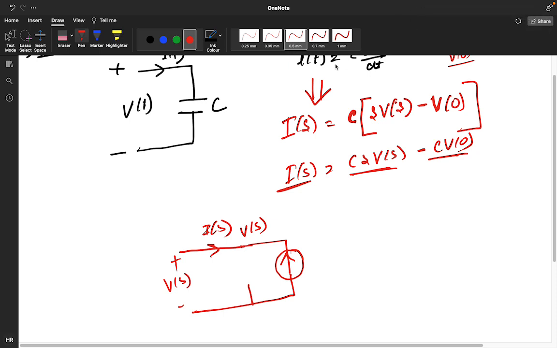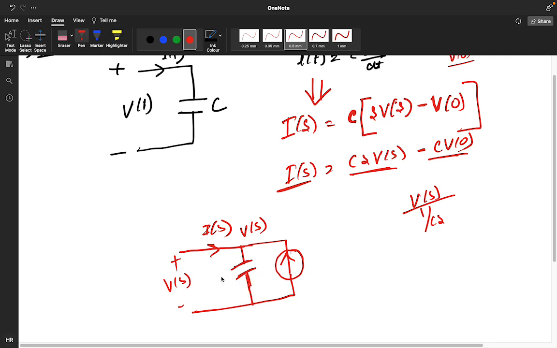V of S will be getting divided by 1 upon CS. So I have to write it like this.